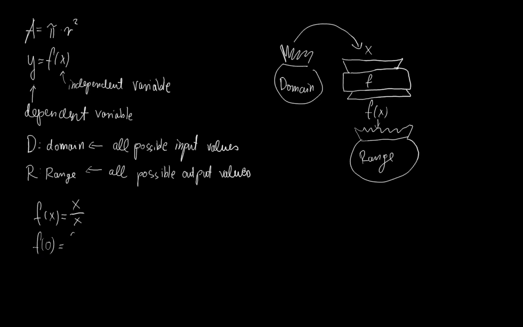Then this is going to be 0 over 0, and we know that we cannot divide by 0, so we cannot make the simplification because of this. So 0 won't be an element of our domain.